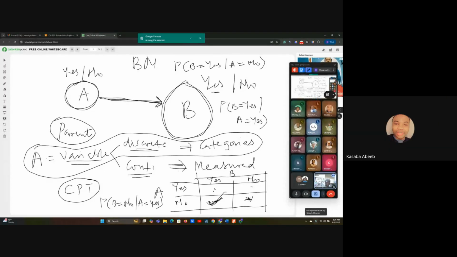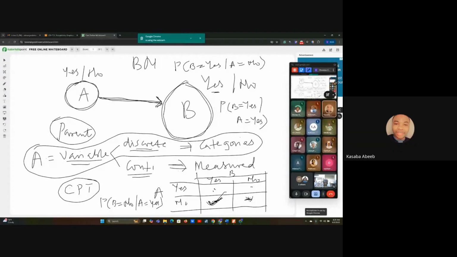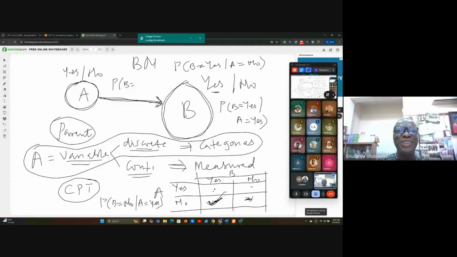That would be probability of B equal to no given A equal to no. Excellent. Let's clap for him again.